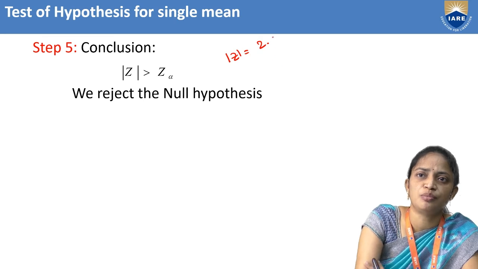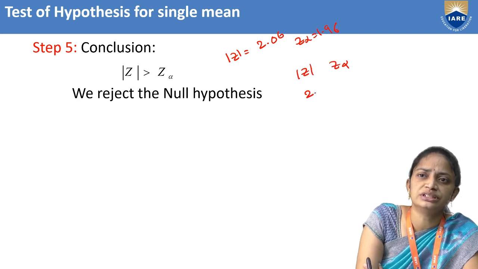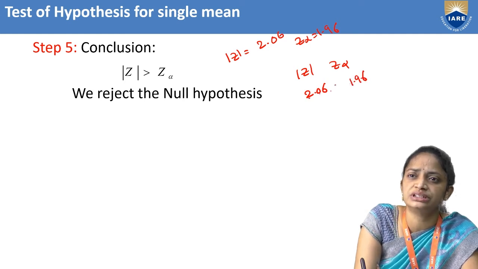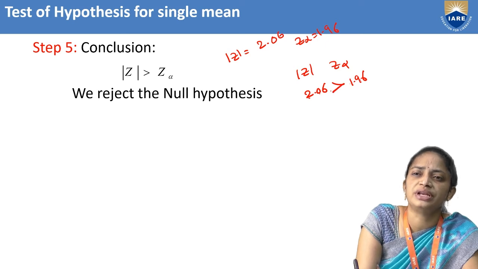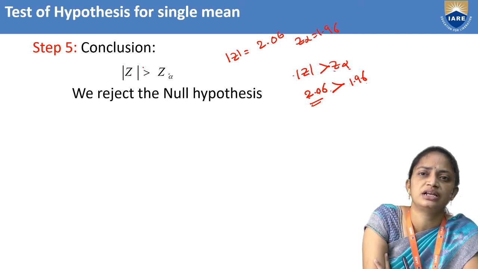Is mod Z less than Z alpha or greater than Z alpha? 2.06 is greater than 1.96, so mod Z is greater than Z alpha.